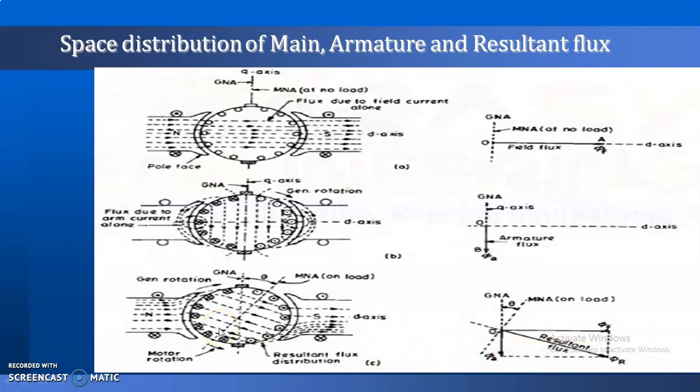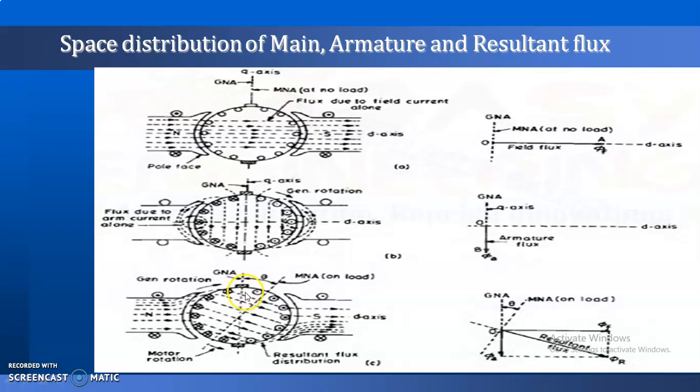If we look at the upper half of the north pole in this figure, the flux is tending the same as the lower half of the south pole. That's why the magnetic neutral axis is shifted from the geometrical neutral axis by an angle theta.